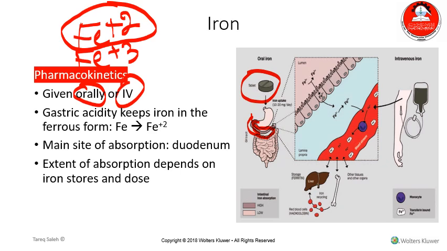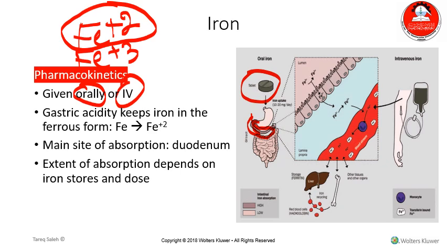In addition to that, the relative percentage of iron absorbed from the gut decreases with increasing the dose of oral iron. So in that case, we have an inverse relationship.